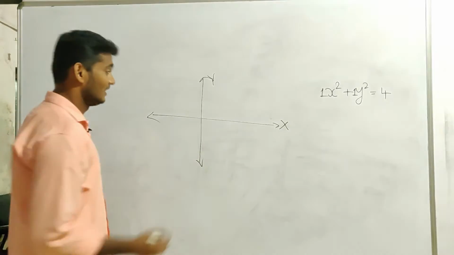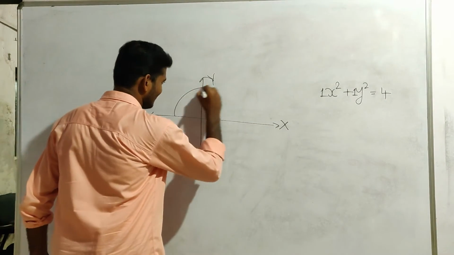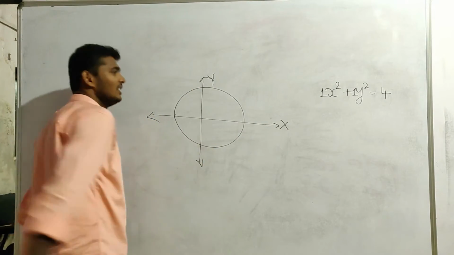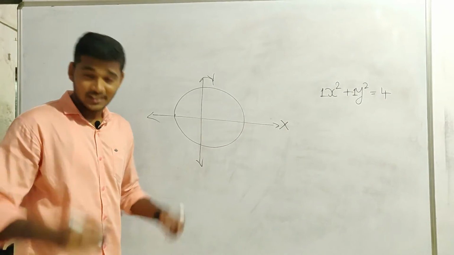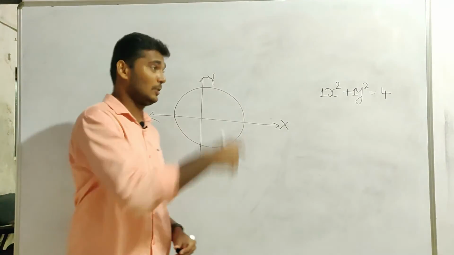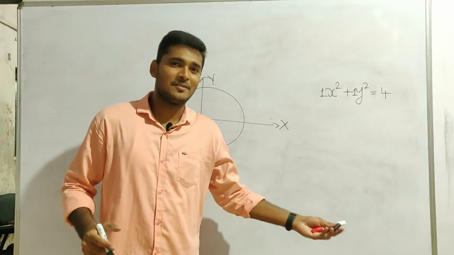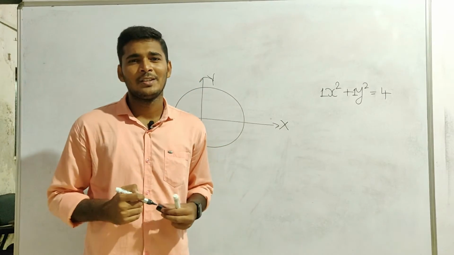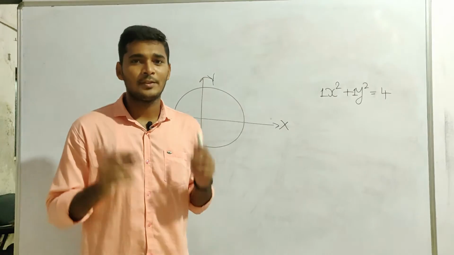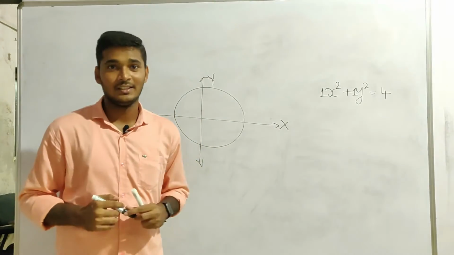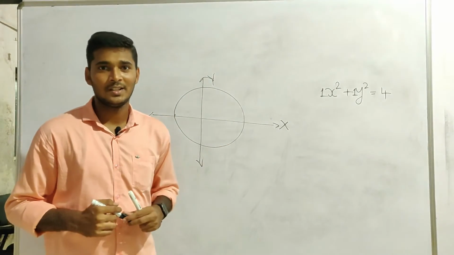Well, I will get a circle, ladies and gentlemen. Take a graph paper, write this equation and plot it. And how to do it? I've explained just a few minutes ago. So do it by yourself, you will end up getting a circle with radius 2.